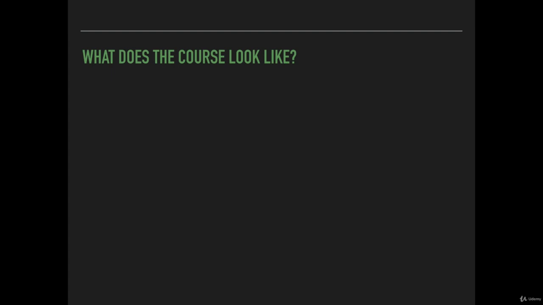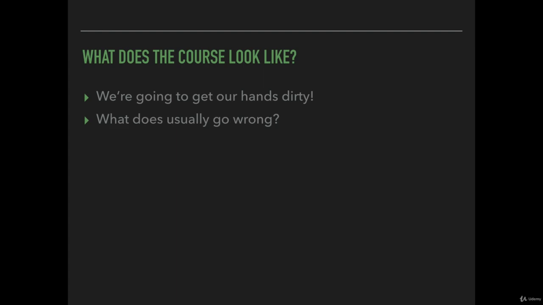What is the course going to look like? Yep, you guessed it. I said it before. We're going to get our hands dirty, right? We're going to code right away. The first thing we're going to do is write code so we can learn what actually goes wrong when I don't use microservices.